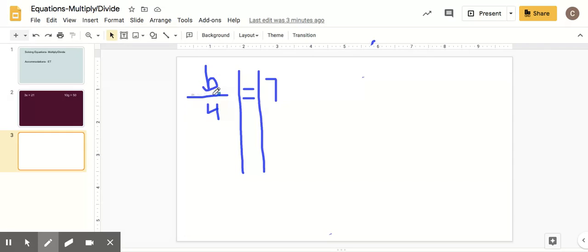Remember, division is the fraction bar. And so what is the inverse operation of dividing? To multiply. And we always, always, always have to use the friend for whatever we're doing the inverse operation to. So we're going to multiply both sides by 4. The 4's will cancel out, leaving us with b. And what is 7 times 4?